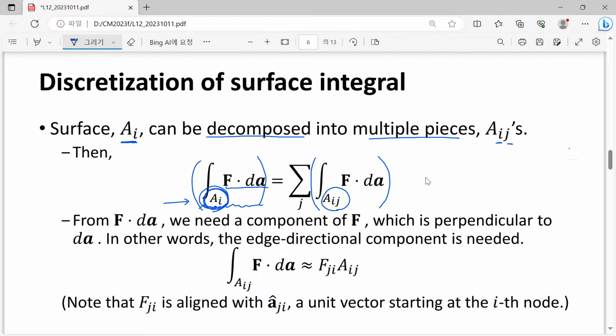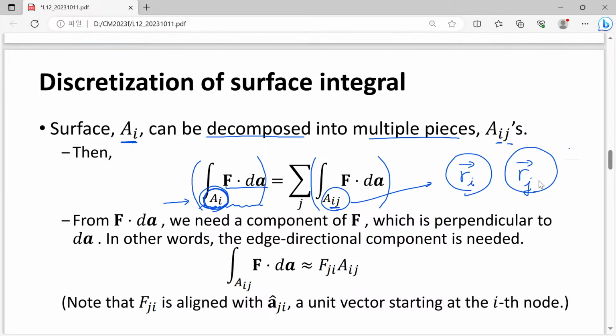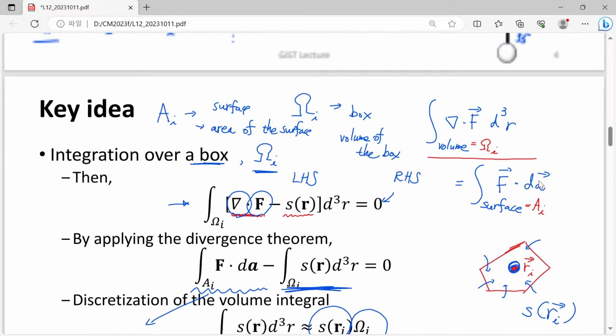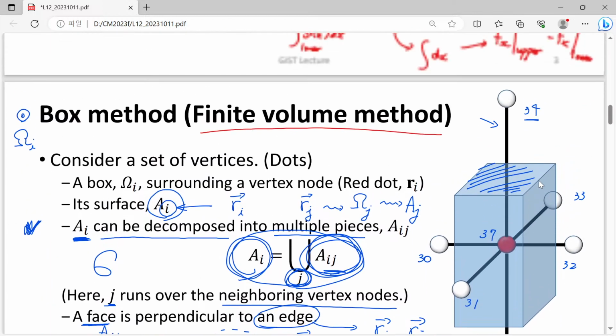This subsurface A sub ij means the surface which is normal to an edge connecting R sub I and R sub j. Let me come back to my box here.